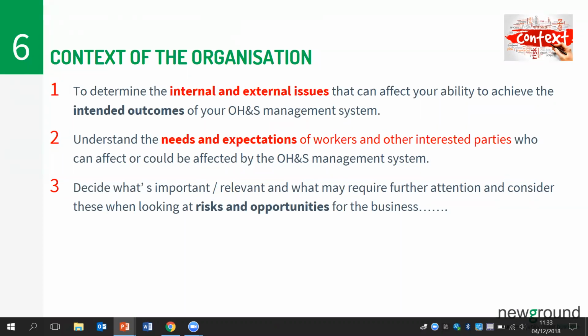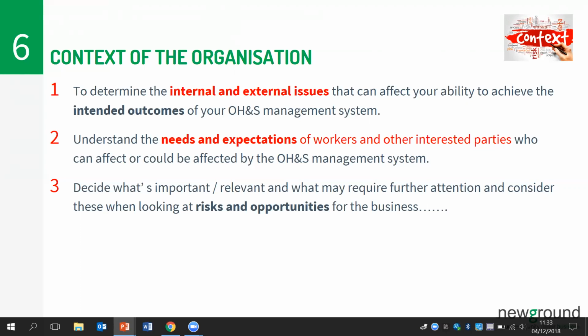So issues can be both internal to your business or can come from external influences on your business. Examples of internal issues could be things like loss of key staff, language or diversity issues, poor culture or attitudes to safety within the business, changes within the business such as a restructure, accidents and emergencies, and competency of workers could all be internal issues that are relevant to your business.